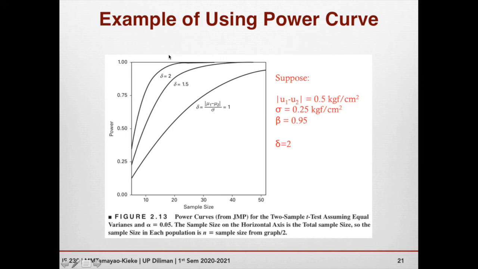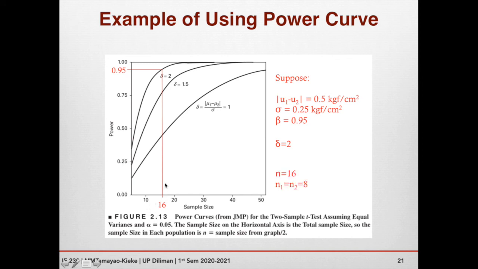Okay, so then we use this graph. Thus if we want to reject the null hypothesis when the difference in means mu1 minus mu2 equals 0.5 with probability at least 0.95, or power equals 0.95, with significance level alpha equals 0.05, then based on this curve here, we find that we need a total sample size of 16.